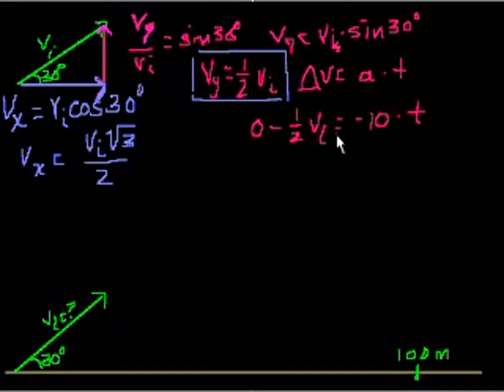I'm not writing the units for the sake of efficiency. And so if I multiply both sides by -1, the 0 doesn't matter, and then if I divide both sides by 10, I get t is equal to 1/20th v sub i, or v sub i over 20.